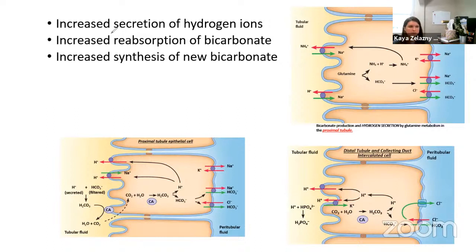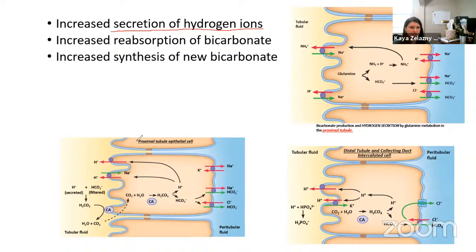So the renal system can increase secretion of hydrogen ions in response to acidosis. We've seen a couple of places where our nephrons secrete hydrogen ions into the tubular fluid, from whence they would then end up in the urine. Once they're in the fluid, they continue down through the ureter into the bladder and out of the body.